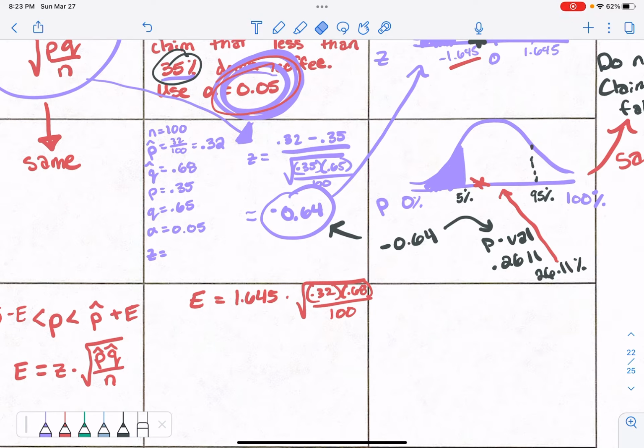All right, I've got to do some... Oh, shoot. Hold on. 0.35 times 0.65 divided by 100.